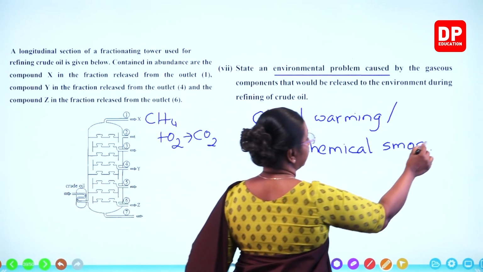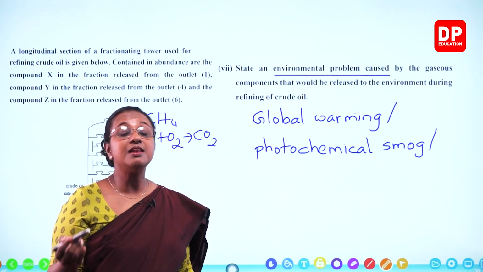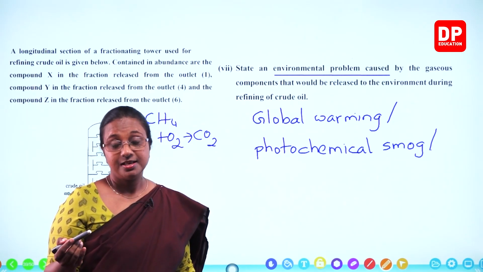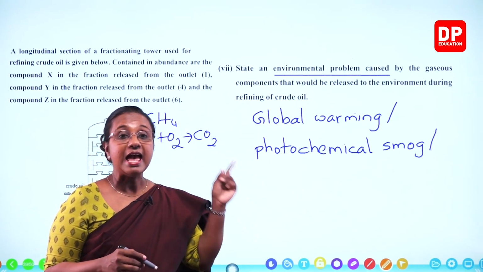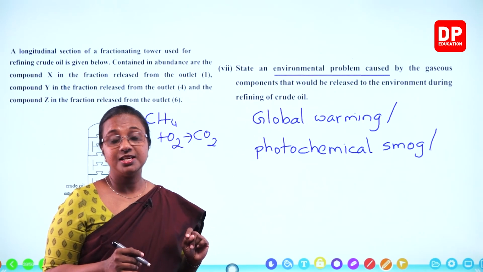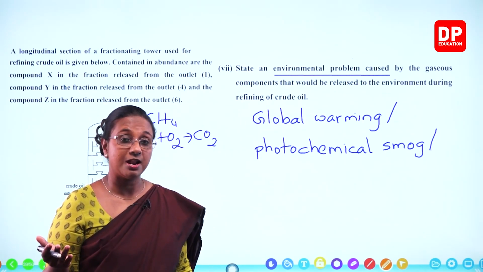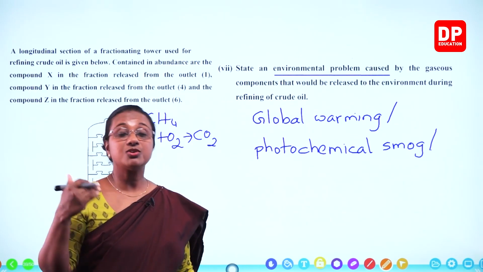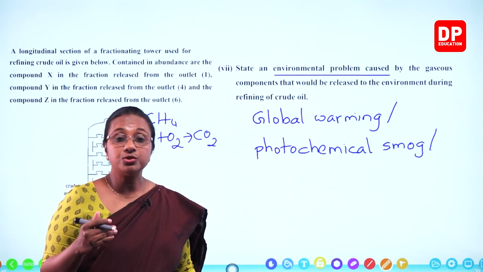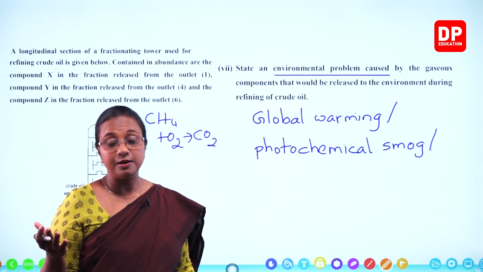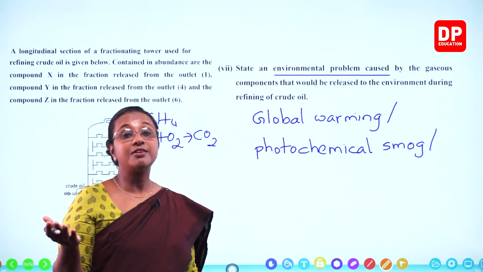Then there is another thing. Now you all know from petroleum crude oils, there is sulfur dioxide released, because sulfur is present as a component in petroleum crude oil, and when there is fractional distillation, there is sulfur dioxide being released to the environment. Now, when sulfur dioxide dissolves in rainwater, there is H2SO3, sulfurous acid being formed, or else sulfur dioxide can be converted to sulfur trioxide.